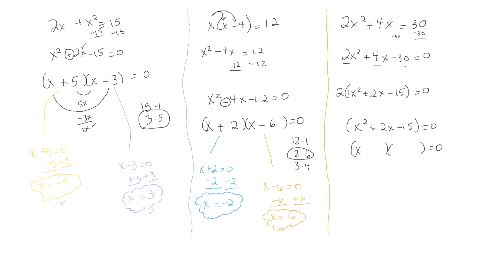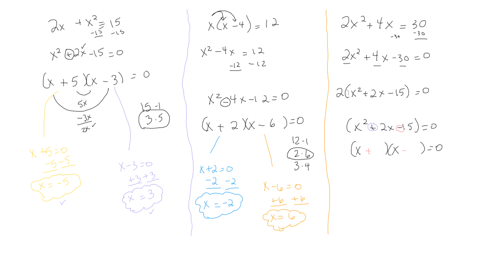So x times x. The second sign is negative, which means I'm going to have different signs, plus or minus. My first sign is positive, which means I need the larger one, the difference of them, to be positive 2.